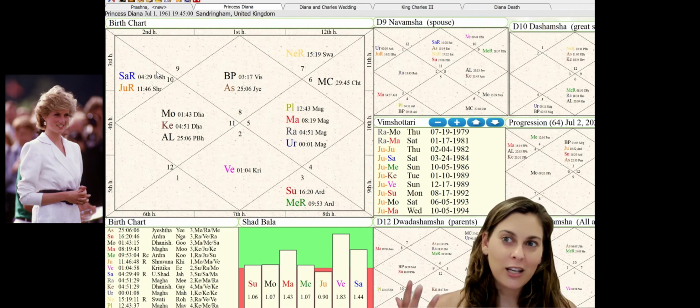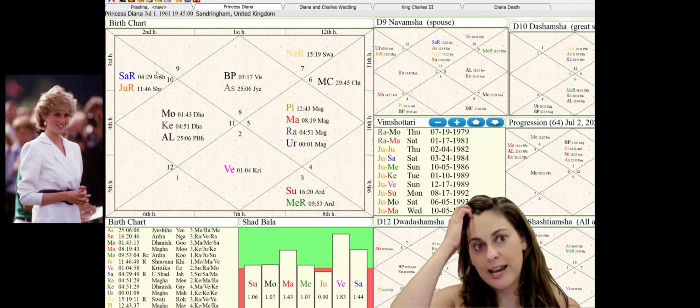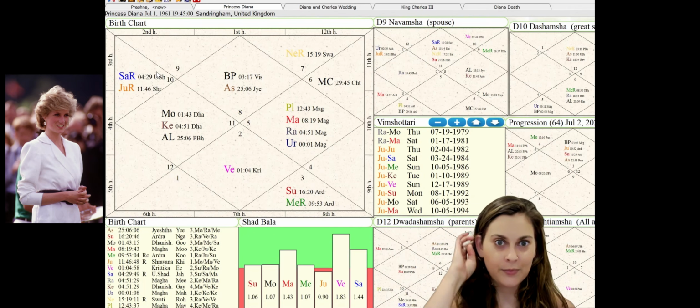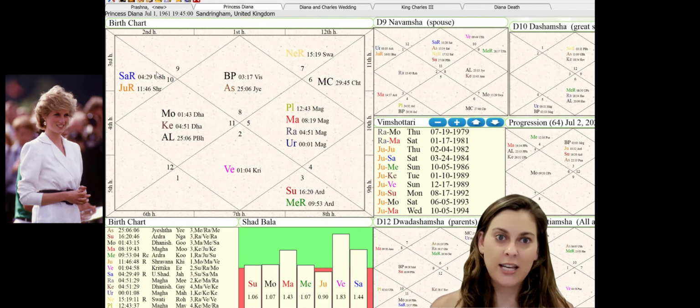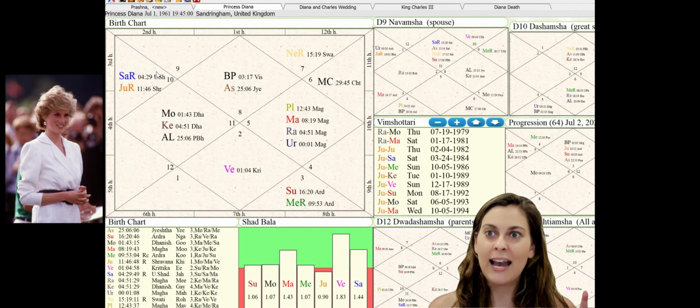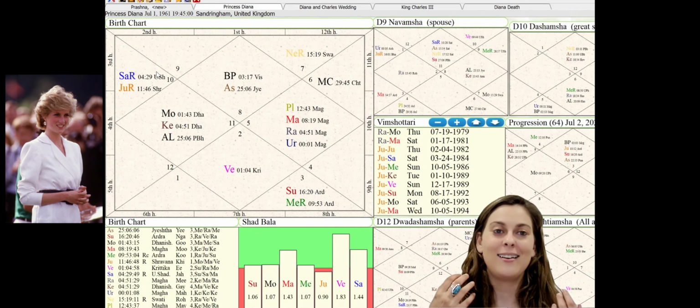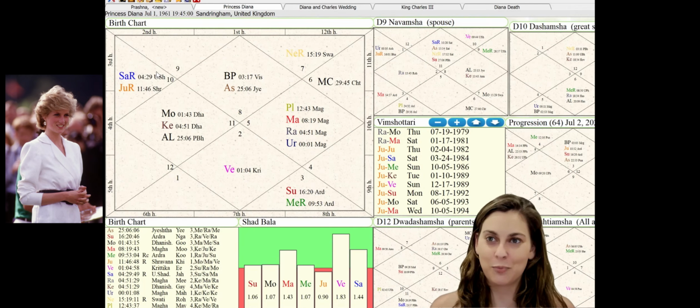When you really start reading charts and you see how things play out, first of all, debilitations, exaltations, good, bad, doesn't work. Everyone has a unique chart, and planets and placements are just different expressions.